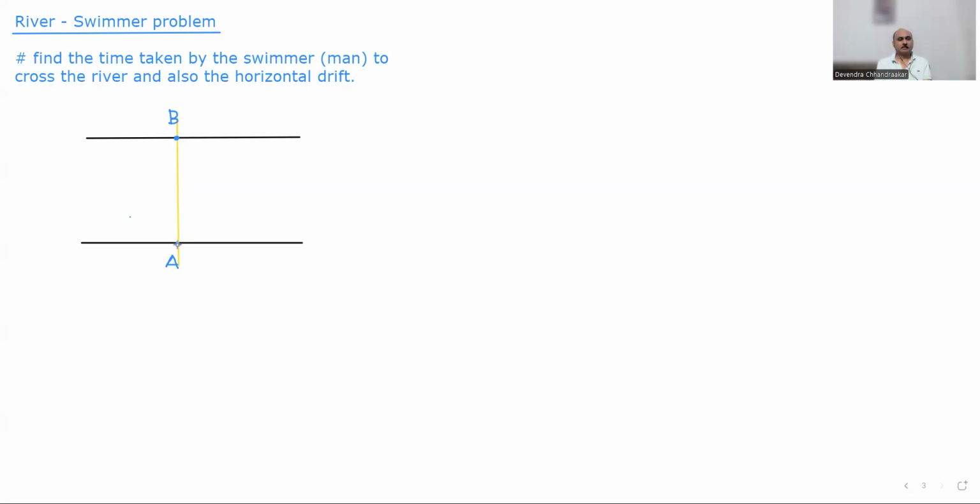The man started swimming along this line, and this is the velocity of man in still water. So it is VMR. Always remember this. Velocity of man in still water is VMR. I have got this written down as well.